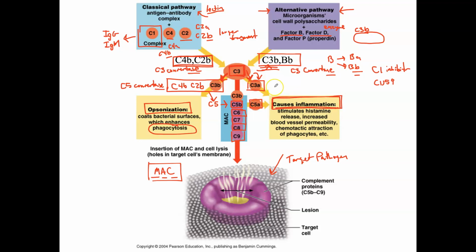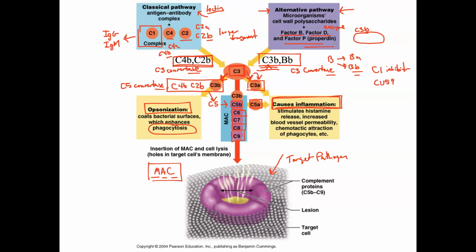So the classical pathway gets the activation of C3 convertase using the C1 complex, and the alternative pathway activates the C3 protein using a C3b that is spontaneously created and the activation of factor B. If you also notice the factor P protein, the factor P protein is really a stabilizing protein for C3 convertase.